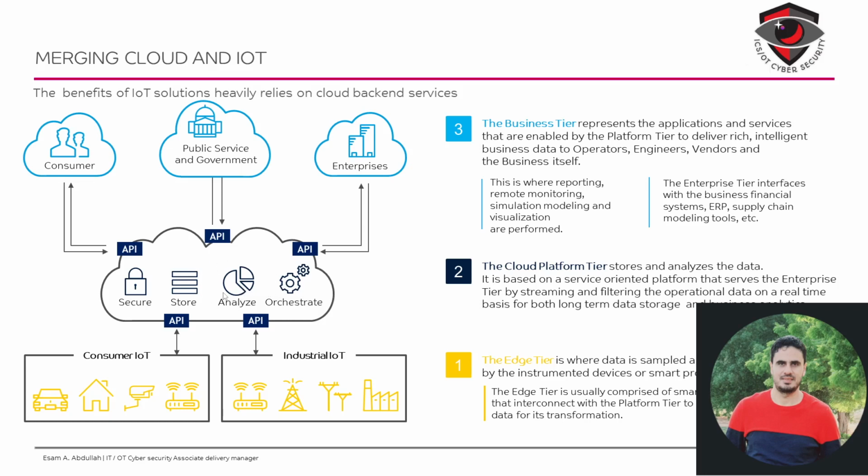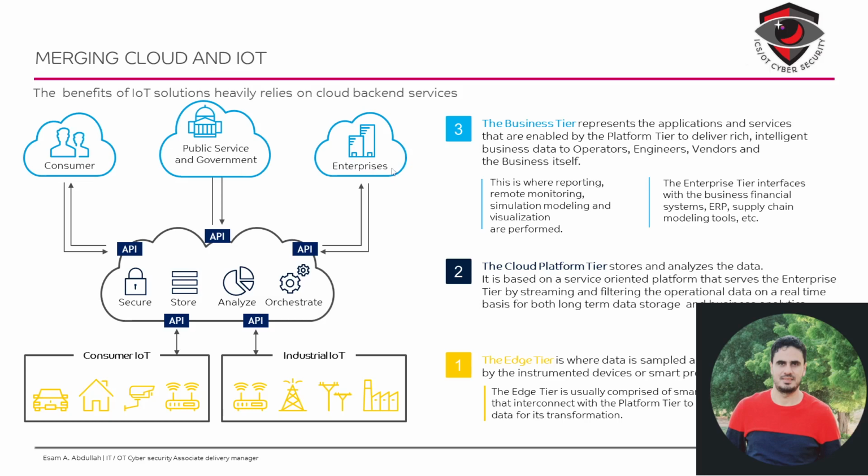While we go through the different slides, we will understand what the components inside each tier are, and how we can securely do security for each one of them. And the third tier is the business tier. The business tier represents the applications and services enabled by the platform tier, delivering rich intelligence business data to the operators, customers, enterprise, engineers, vendors, or the business itself.